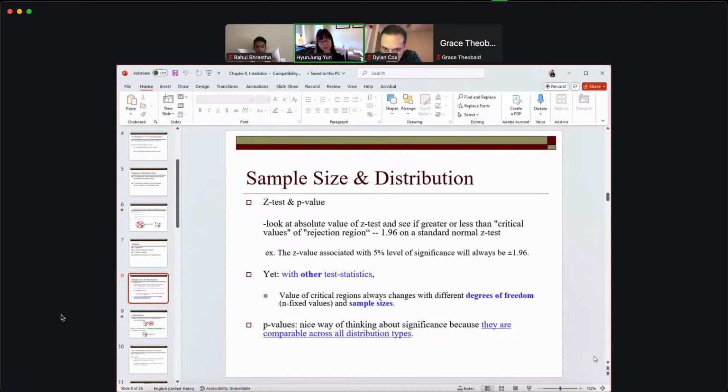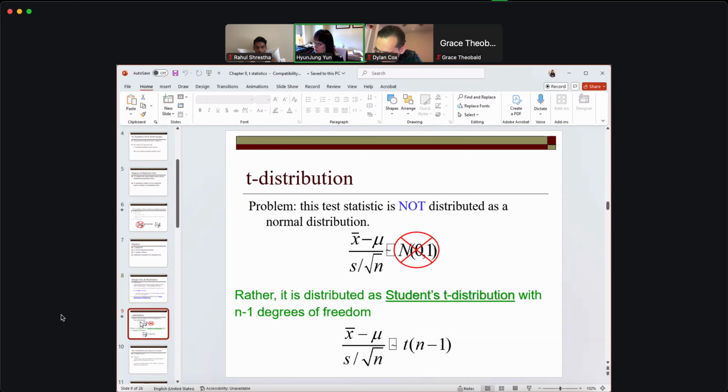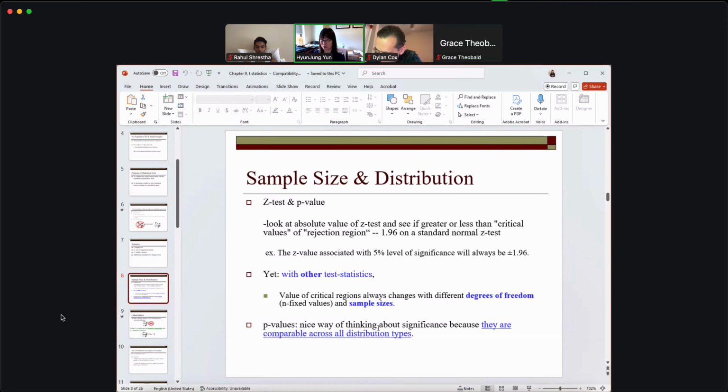So degrees of freedom, let's explain it here. Degrees of freedom, by definition, you can go back to the textbook, and from now on, any statistical value will vary by the sample size.